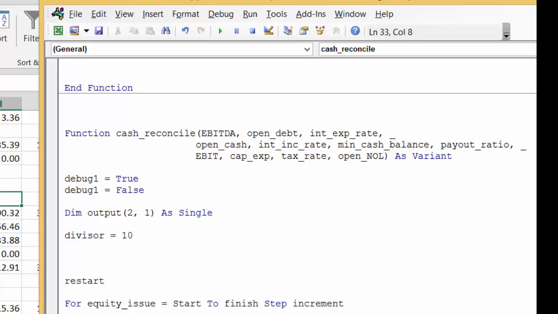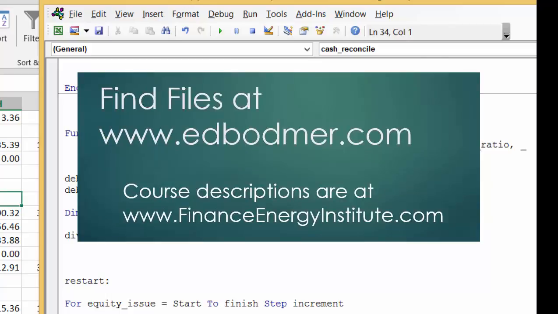Now, that could be, I don't know, named something else, okay? And we're going to start with a really high debt to capital.